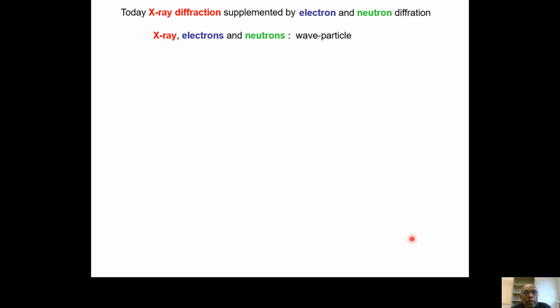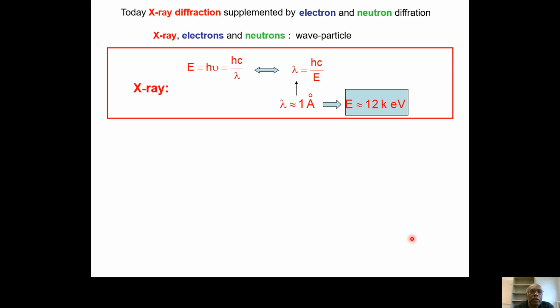We all know X-rays, electrons, and neutrons all have this quantum wave-particle duality, right? So you can consider them as both particles and waves. X-rays are electromagnetic waves. That means you can write the energy as Planck constant times the frequency, or as given by the velocity of light divided by lambda.